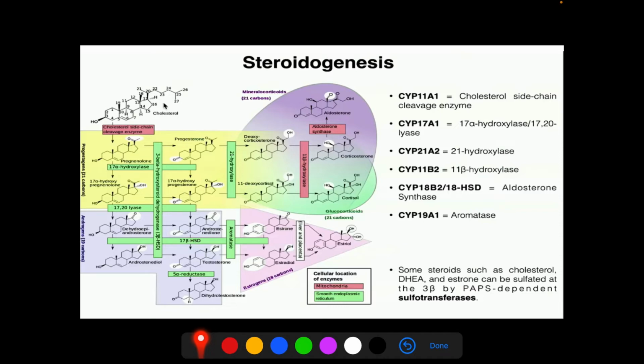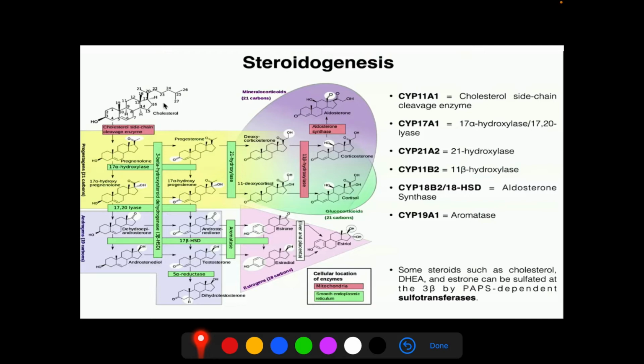Any of these enzymes that have a number beside them, such as the 21 hydroxylase, the number gives us an indication of which atom it's acting on. That's why I'm telling you that you have to pay attention to the numbering system of cholesterol.